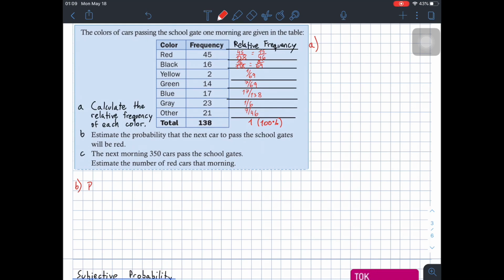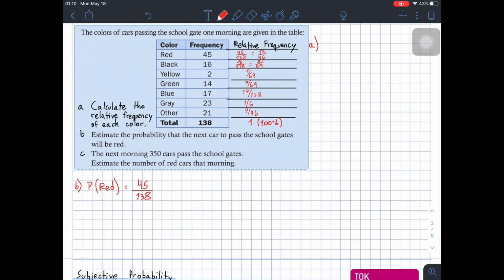So I'm going to put an R. You could say that probability of obtaining red is the number of events for a red car in the universe, which is 45, right? Divided by the total amount of cars in the universe, which is 138. And you see that this is exactly what we wrote for the relative frequency, okay?